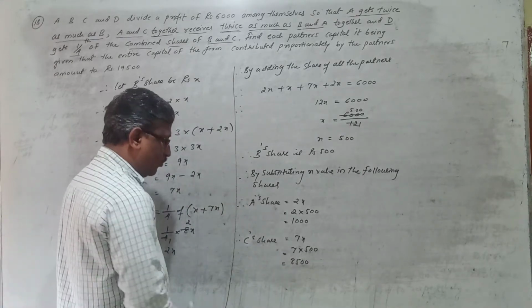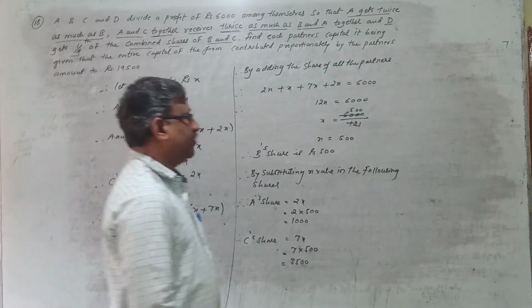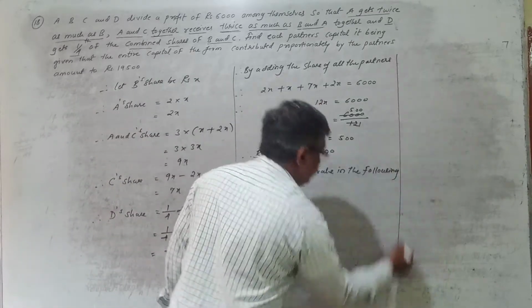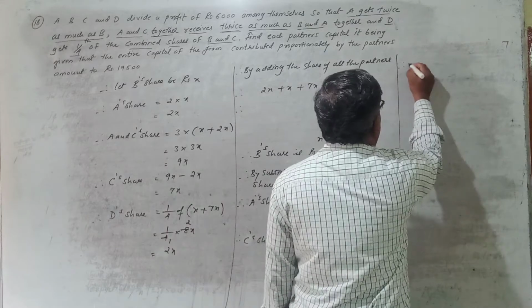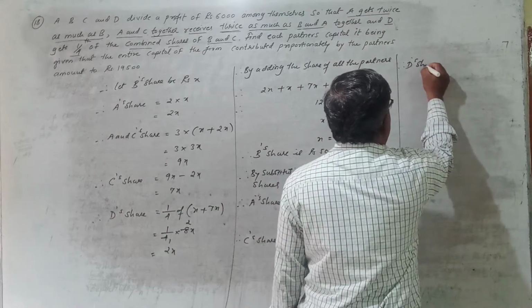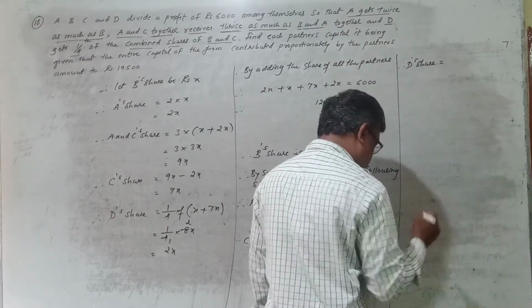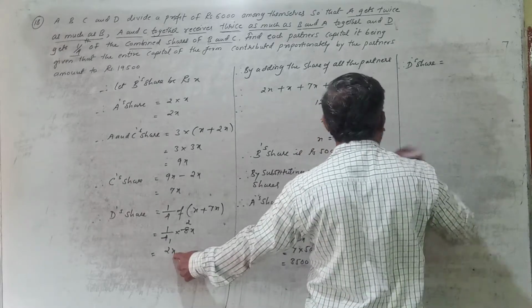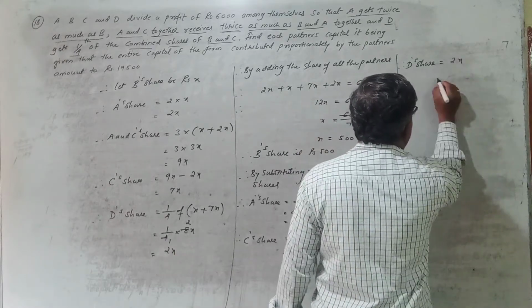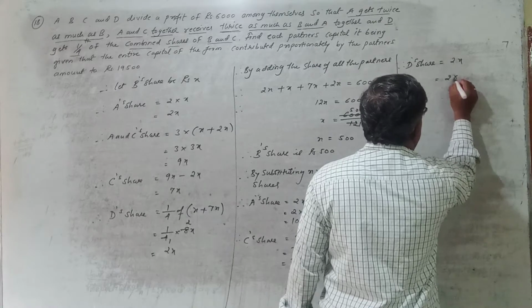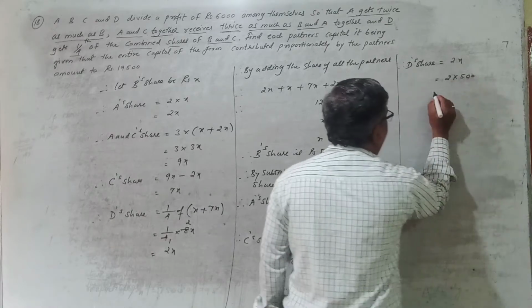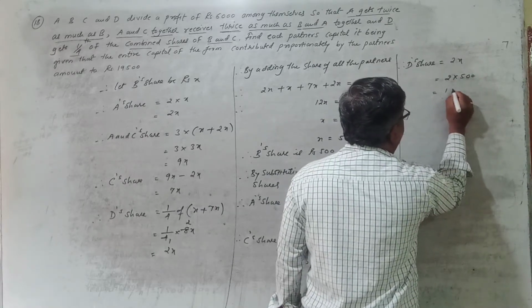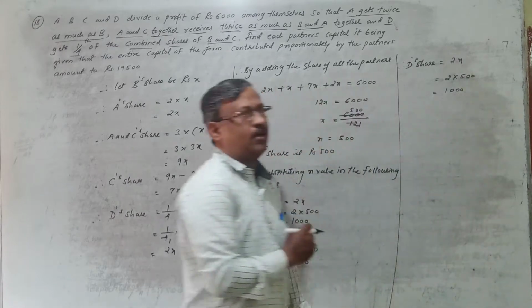And finally we have to find D's share. D's share is 2x, which means 2 into x value 500, and 2 into 500 is 1000.